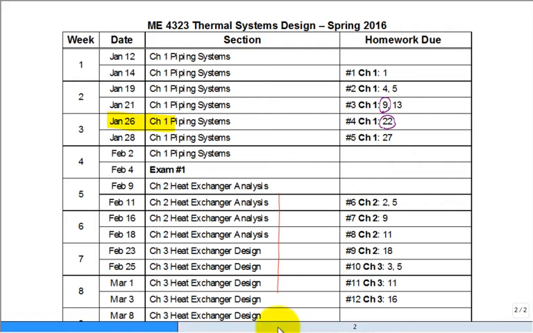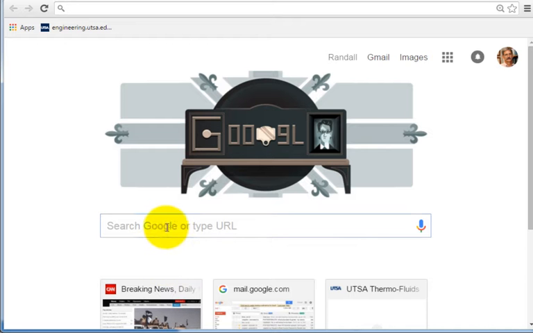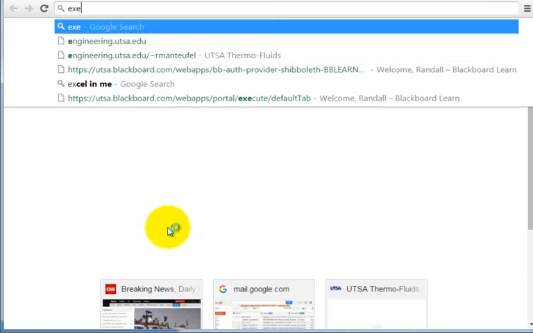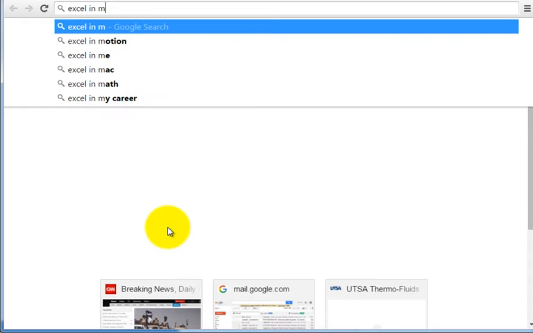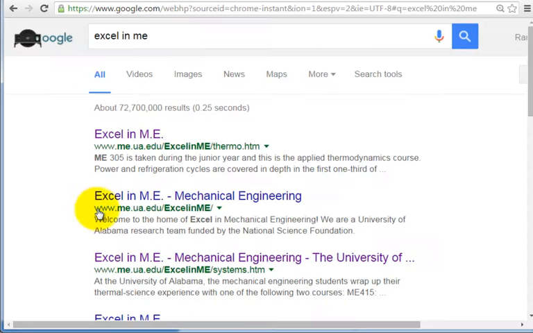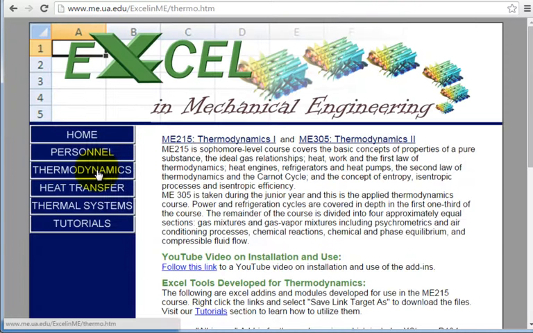First things first, did I show you, if you just do a Google search on Excel and ME, EXCEL and ME, you can come up to a University of Alabama site. I show this to students in thermo, and there's thermodynamic software, heat transfer software, thermal systems software.